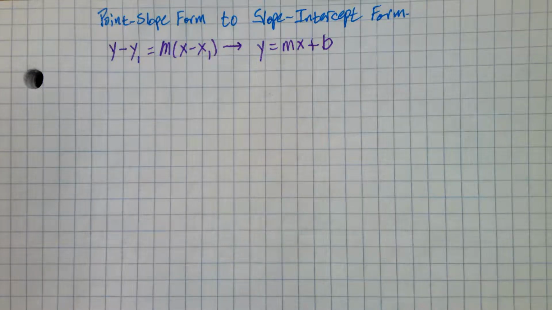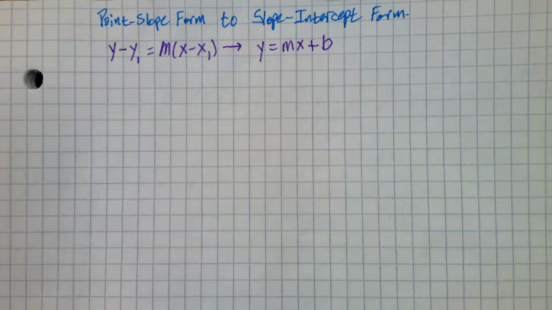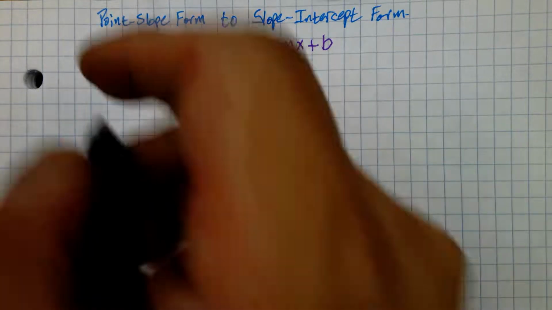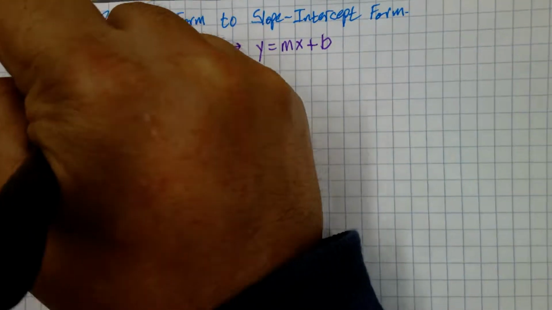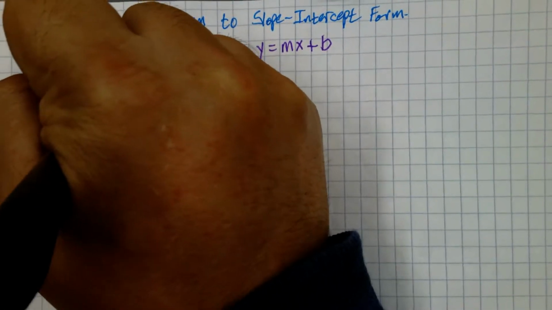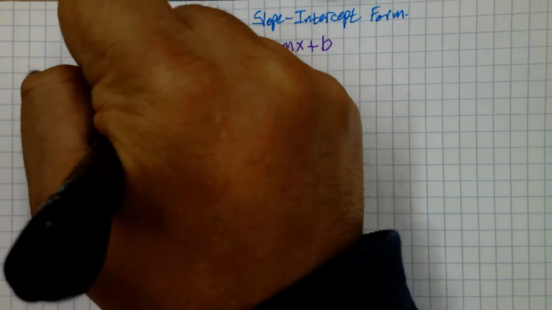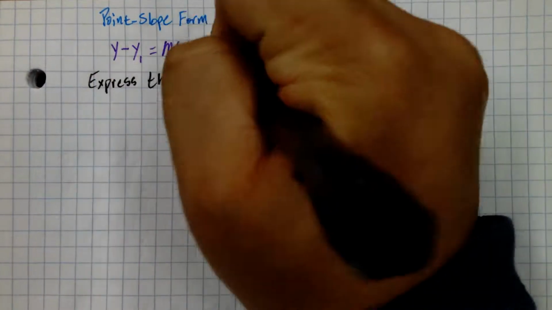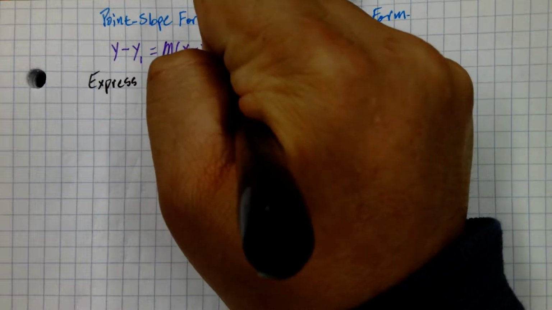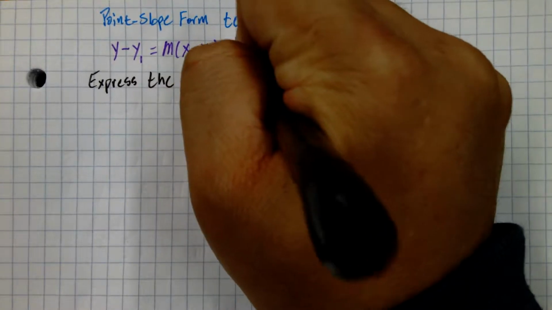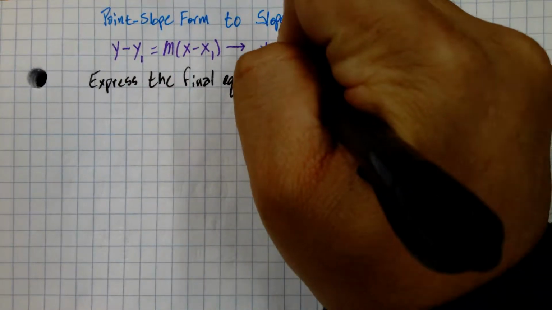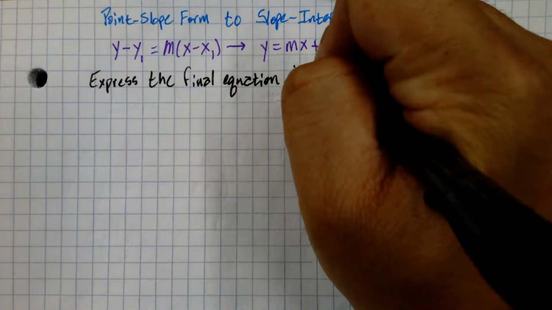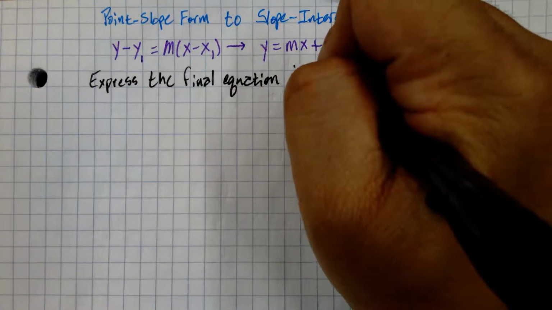Let's just say for all of these, we're going to express the final equation in slope-intercept form.